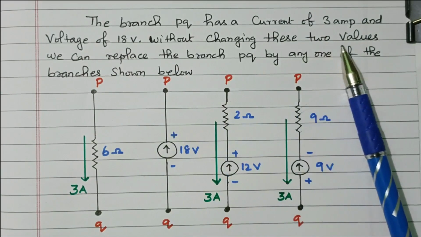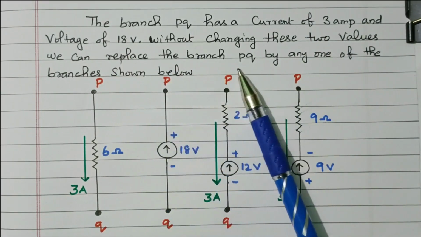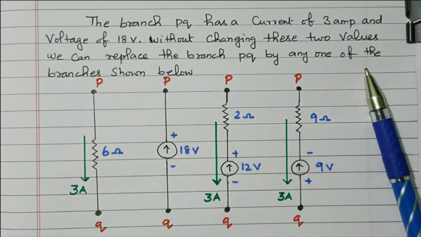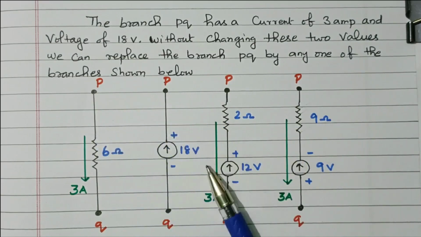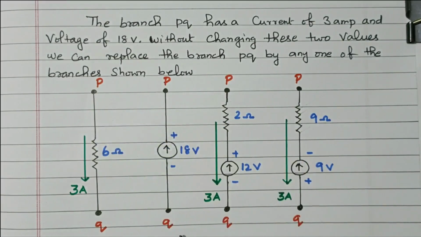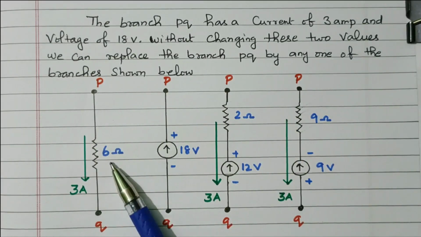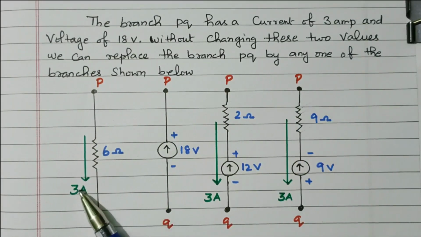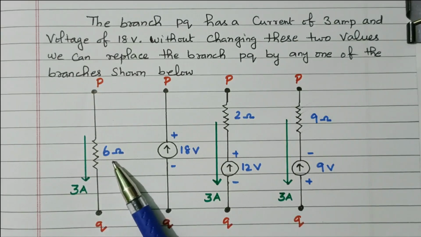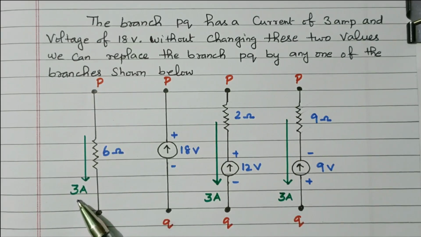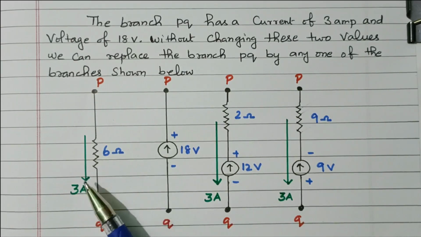Without changing these two values, we can replace the branch PQ by any one of the branches shown below. There are four possibilities. The first is the original: the 6 ohm resistor with 3 ampere flowing. The current is 3 ampere, and the voltage is 3 into 6, 18 volts.